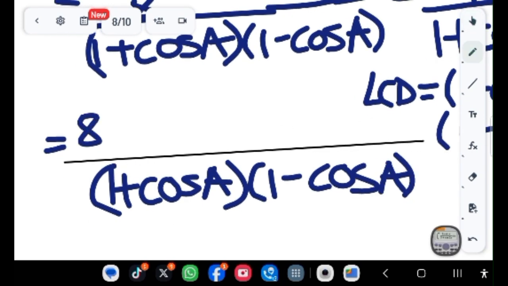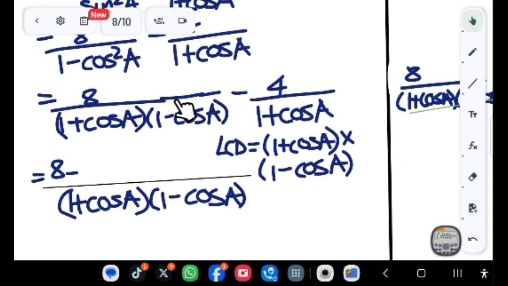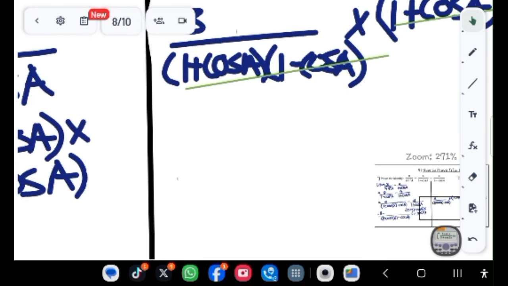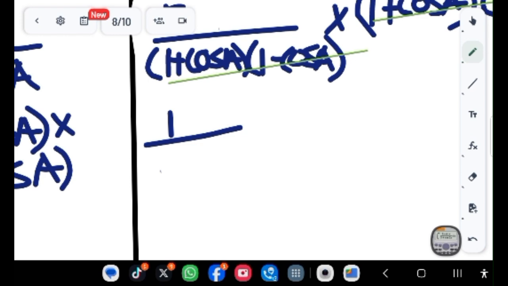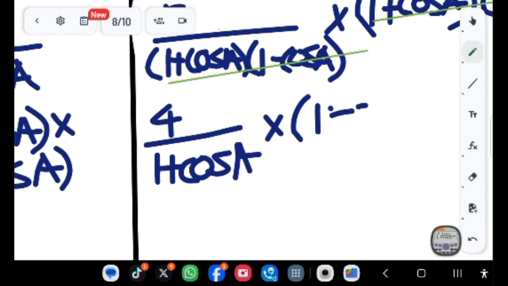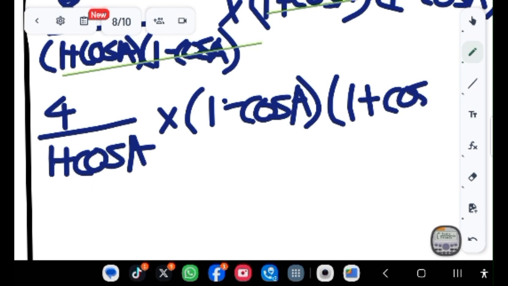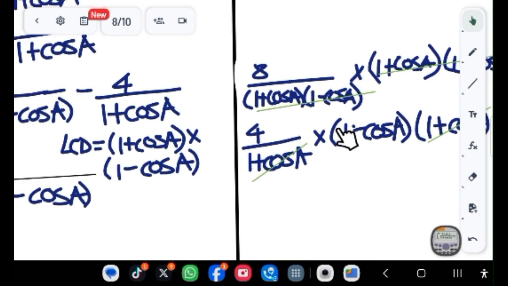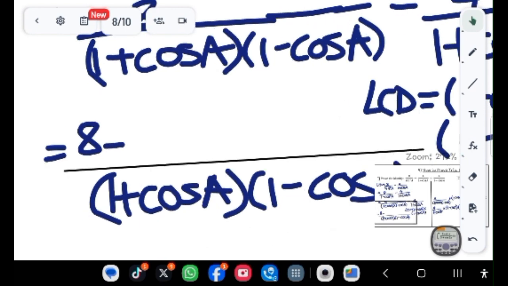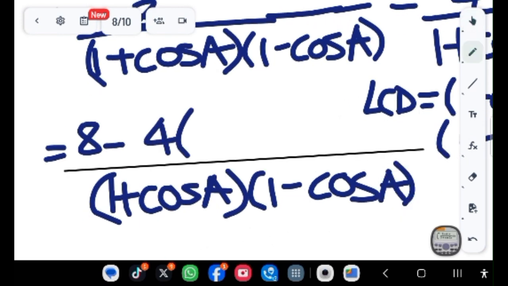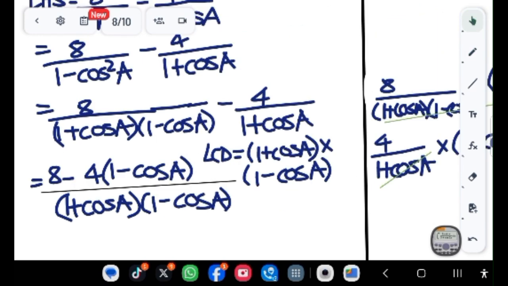That's 8 minus, and then that will be 4 over 1 plus cos of A, multiplied by the LCD, and that results in 1 plus cos of A cancelling out with the other one, so that leaves you with 4 times 1 minus cos of A. That's what we have there.